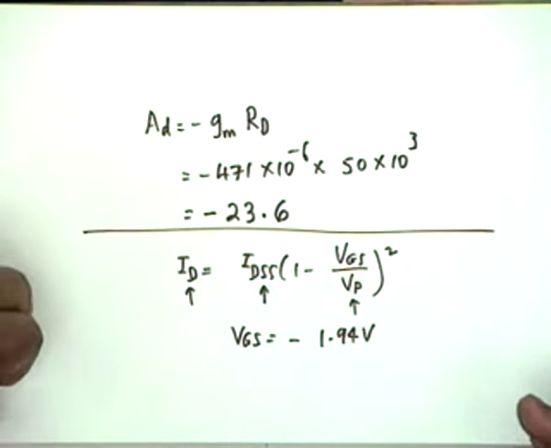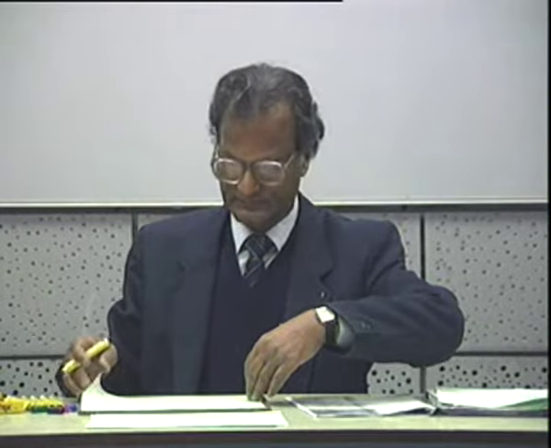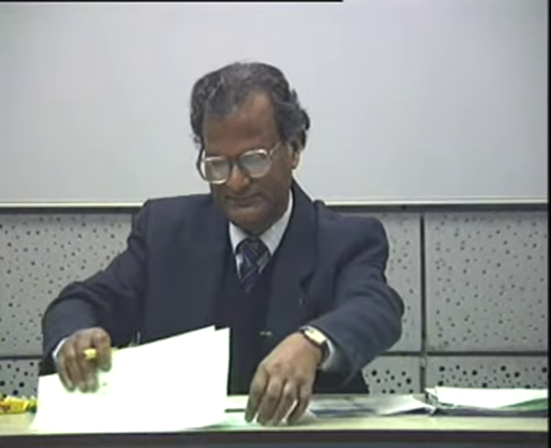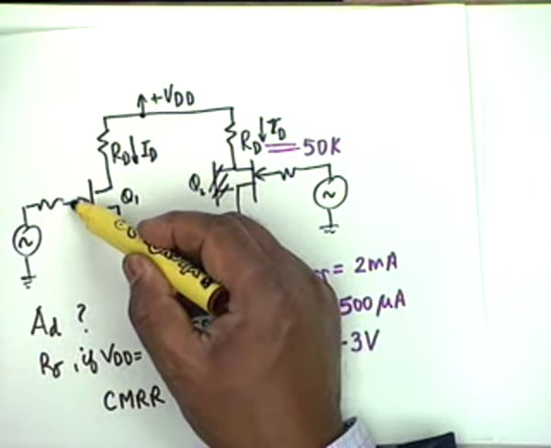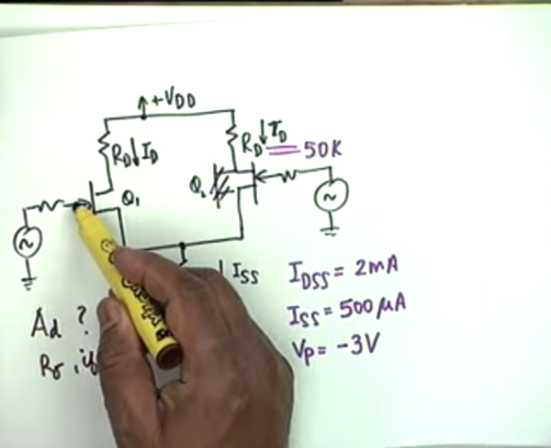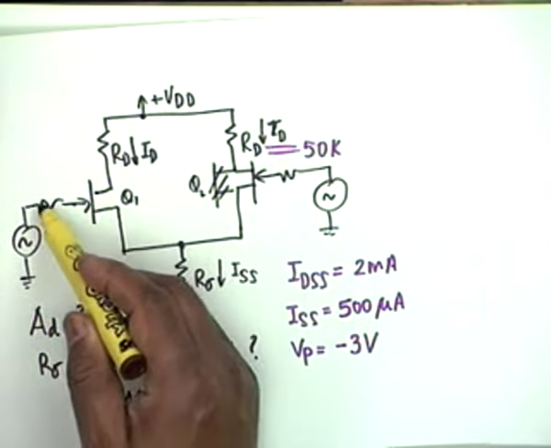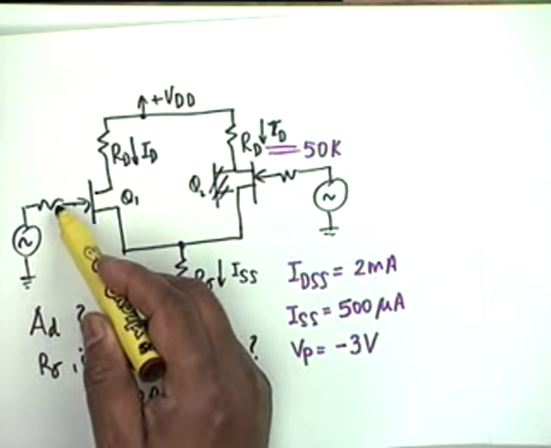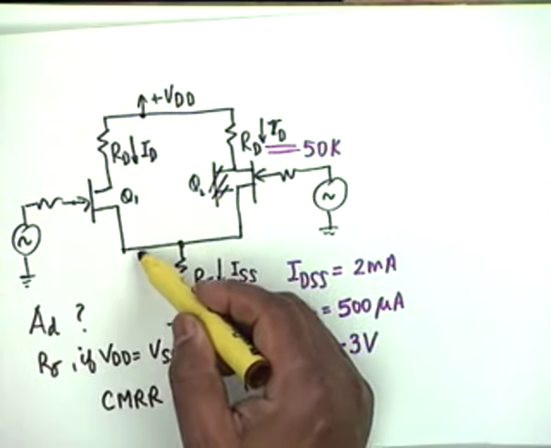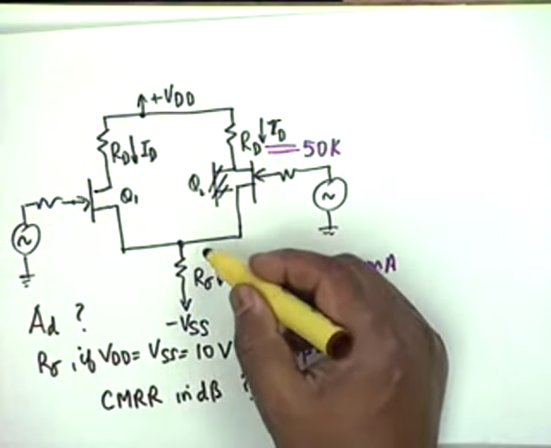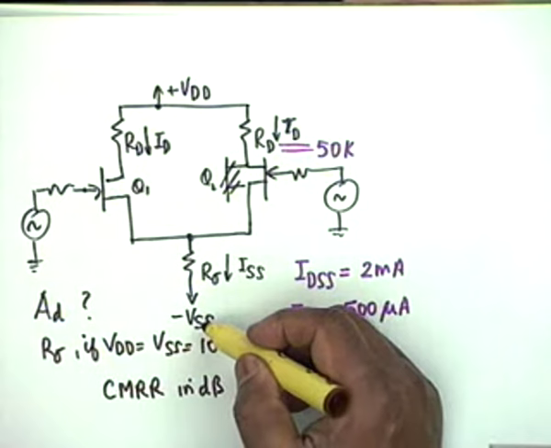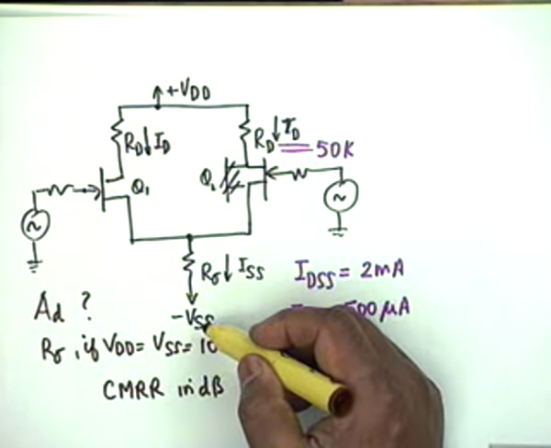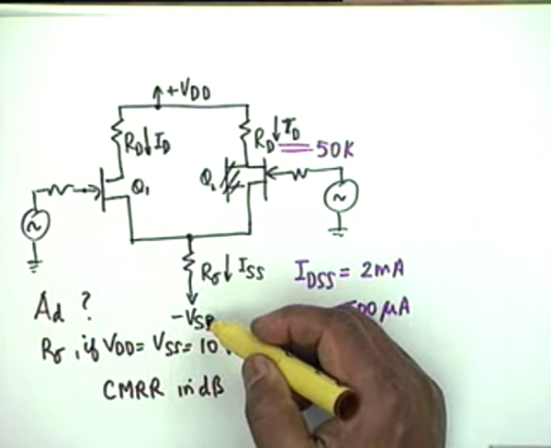Then I write a KVL like this. I come from here. What is the DC voltage of this point? 0, because this source is grounded. For DC there is a resistance. So VGS plus ISS R sigma minus VSS would be equal to 0. Is that clear? Okay.